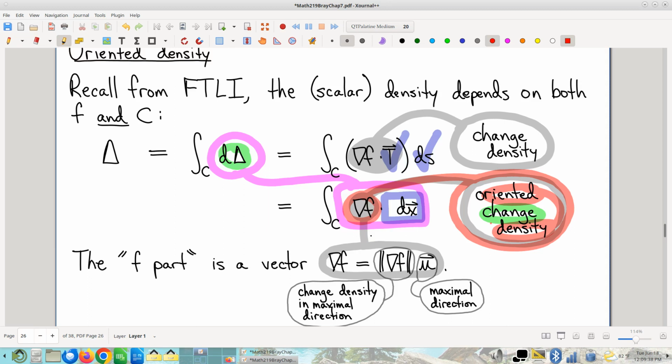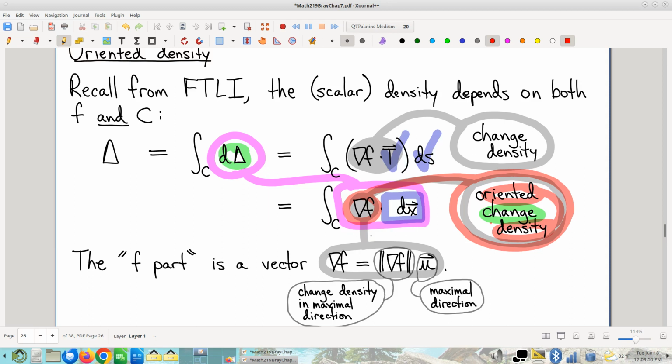Instead of stuff per unit size, it's kind of stuff per unit oriented size. Anyway, that's the idea. Whether you like it or not, this is a take that you can view this formula by, even if you don't like to view the formula in this way.